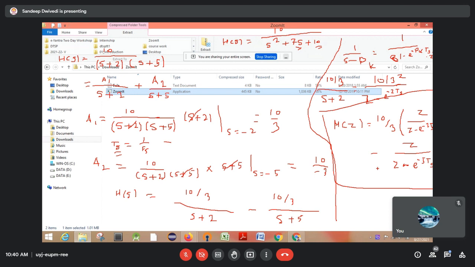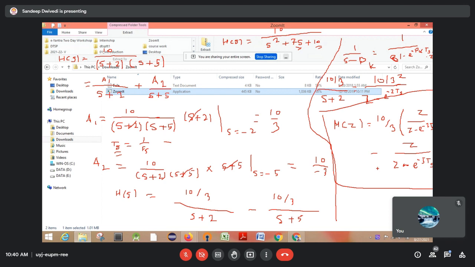Transfer the analog filter transfer function h of s given below into a digital filter transfer function h of z using the impulse invariance transformation method with T equal to 1 second.